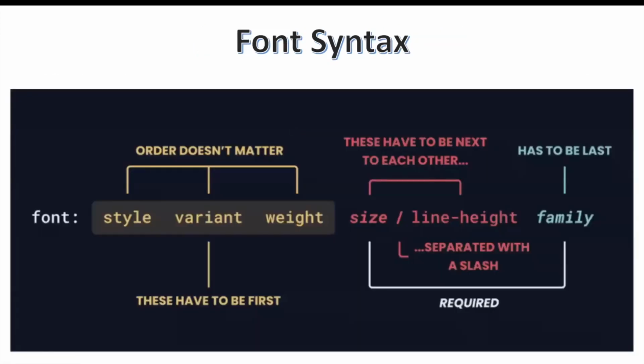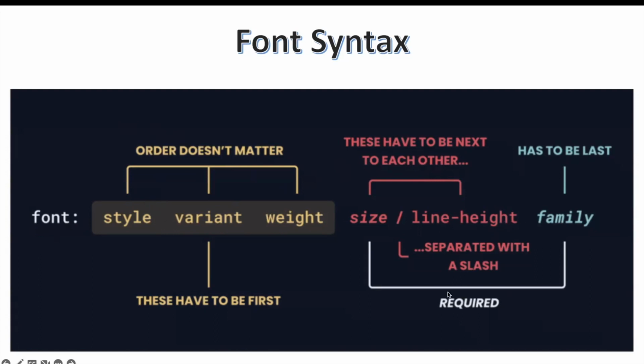Another thing that we need to cover before we get to the actual exercises is the font syntax. The reason I'm putting this here is that when I get to the examples, there's a reason why I put them in a particular order. So when we use the font element, we have some parameters, some attributes.